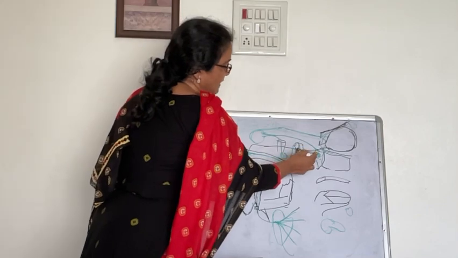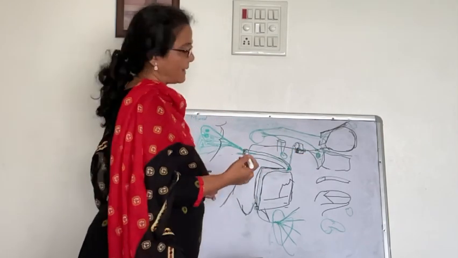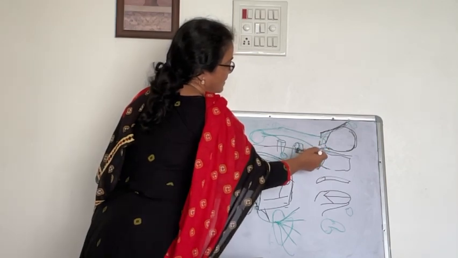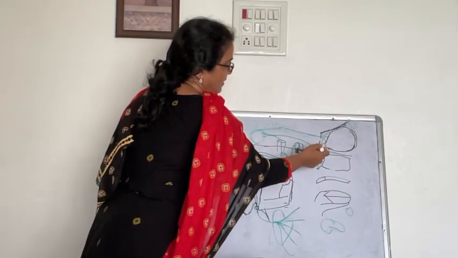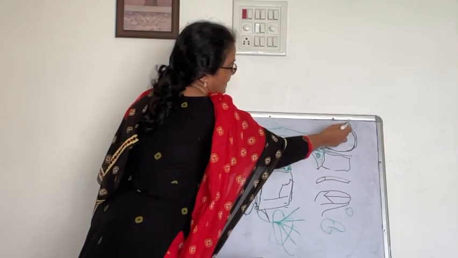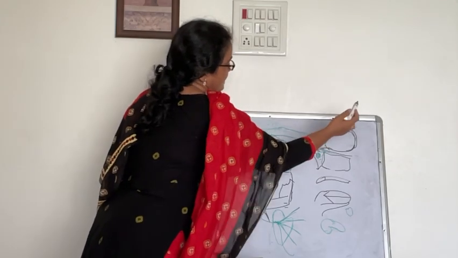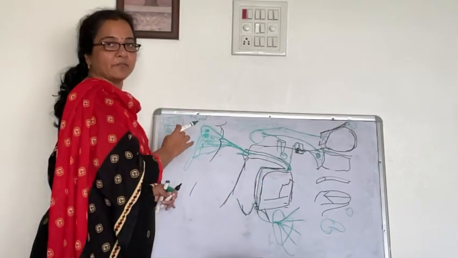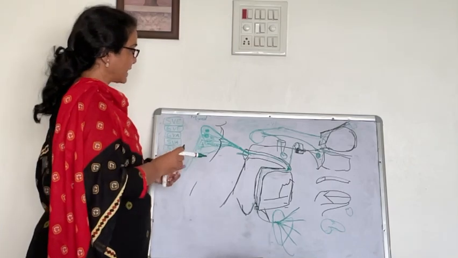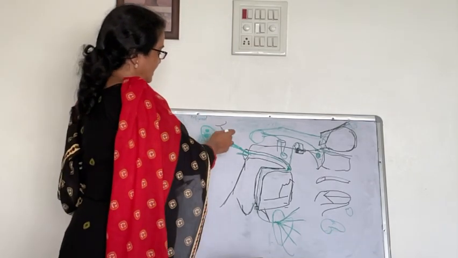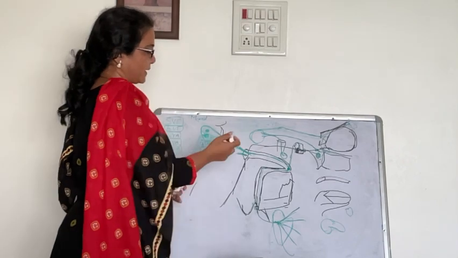The fibers relay into the pterygopalatine ganglion, and the postganglionic fibers arising from it join with the branches of the maxillary nerve as well as the ophthalmic division of the trigeminal nerve and supply the lacrimal gland. That is a general visceral efferent function, meaning it will cause lacrimation, the formation of tears, due to the lacrimatory nucleus via the greater petrosal nerve.